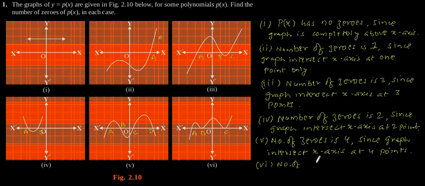Number of zeros is 3 since the graph intersects the x-axis at 3 points.